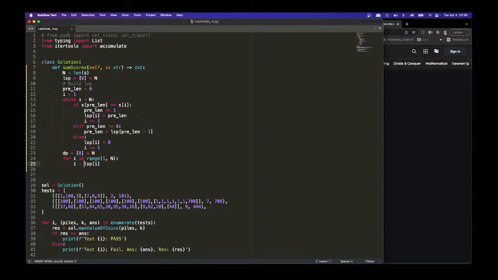We get to i, we have 3 length, which means minus 1, minus 2. So i minus this plus 1, right? Minus 3 plus 1. So at that position, we say dp[that position] shall equal to the maximum of dp[that position], right?